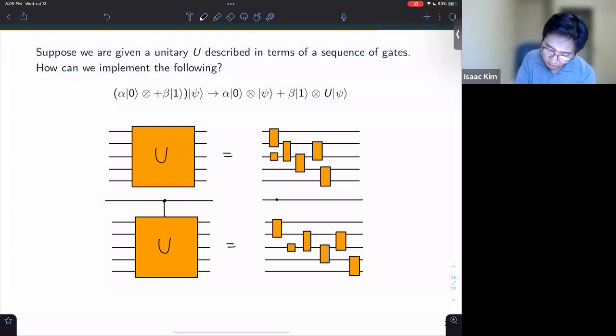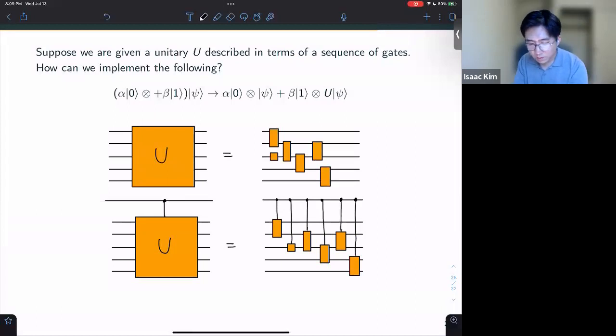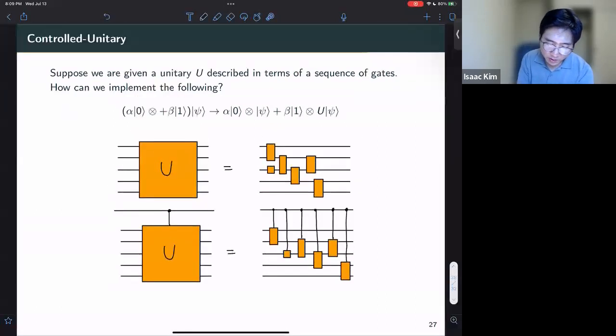For each individual gate, I will change, for example, this 2 qubit gate into a controlled 2 qubit gate. And a controlled 1 qubit gate, controlled 2 qubit gate, etc., etc. So why does this work? It works because if the state of this first qubit is 0, on the left-hand side you do not apply anything, and on the right-hand side you also do not apply anything.